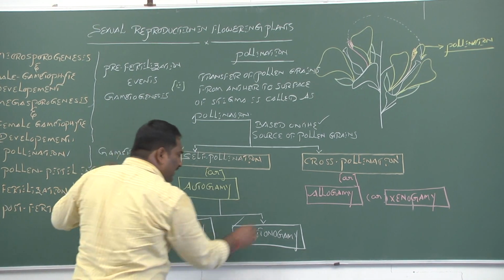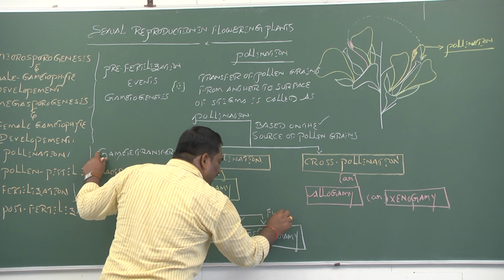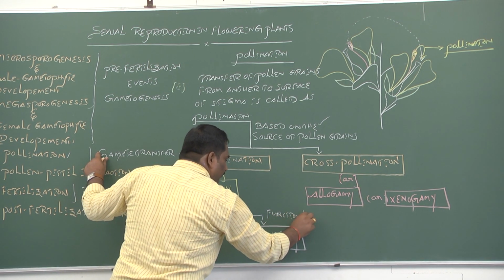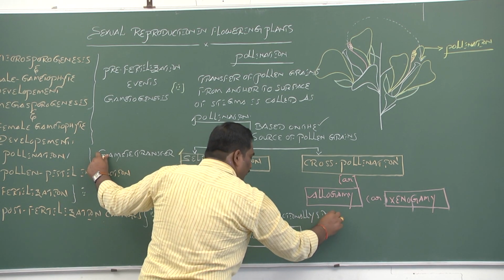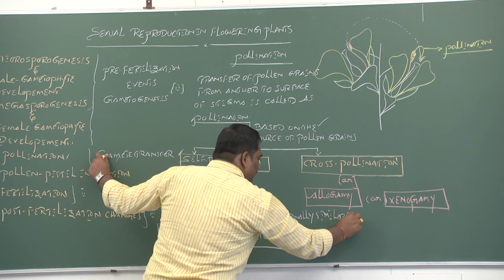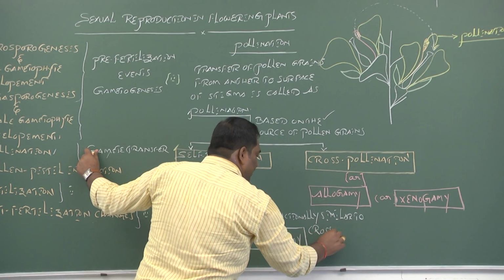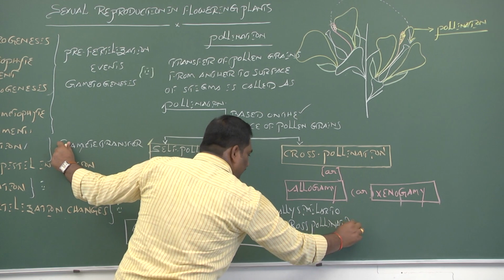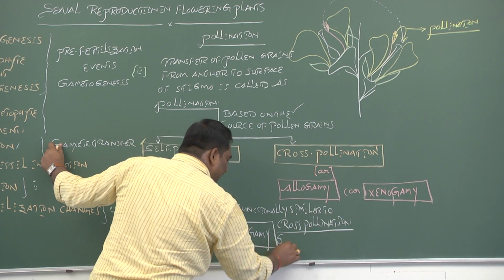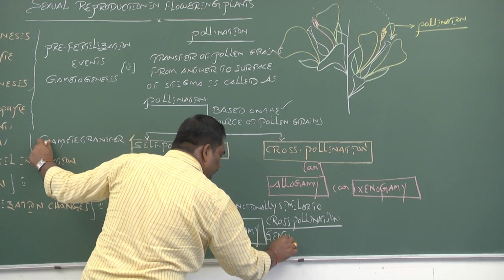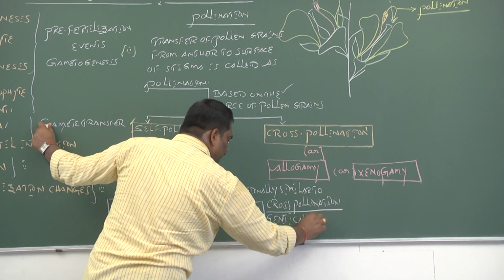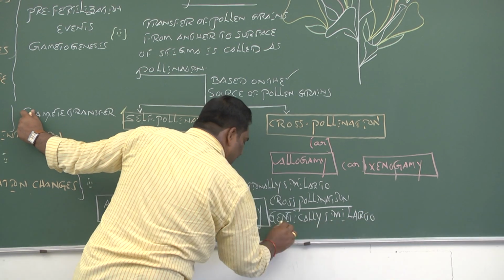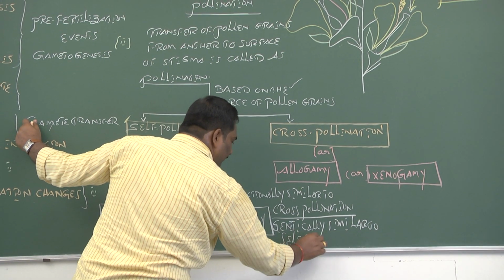So geitonogamy is functionally similar to cross-pollination, but genetically similar to self-pollination.